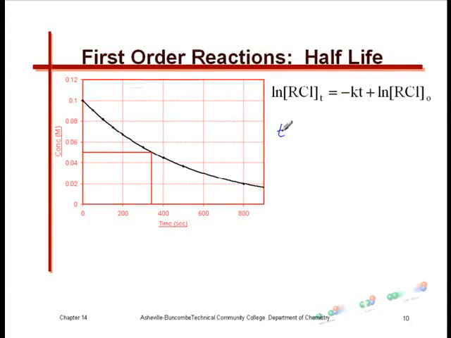Remember the equation for the half-life of a first order reaction. Notice it's independent of concentration. It actually doesn't matter how high on the y-axis you actually start. It doesn't matter how much of the reagent is in there. The half-life is independent of the concentration.